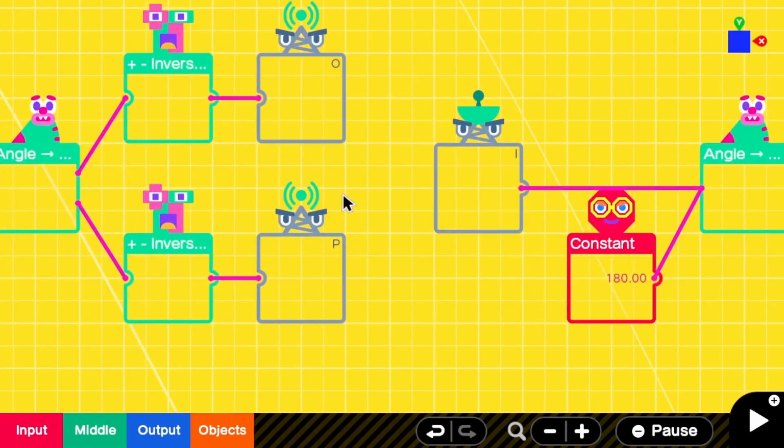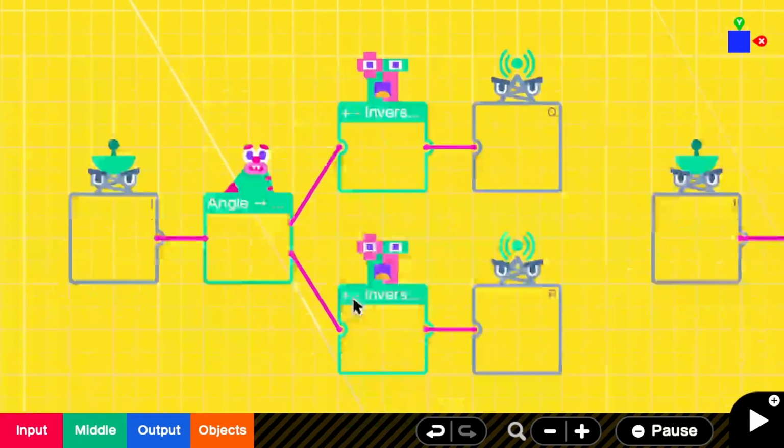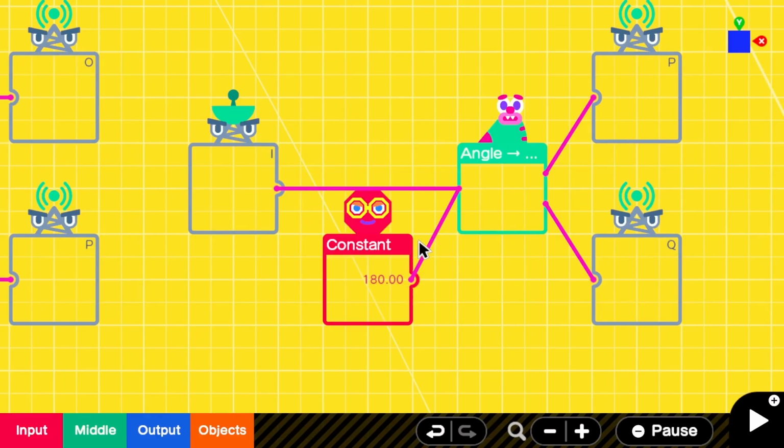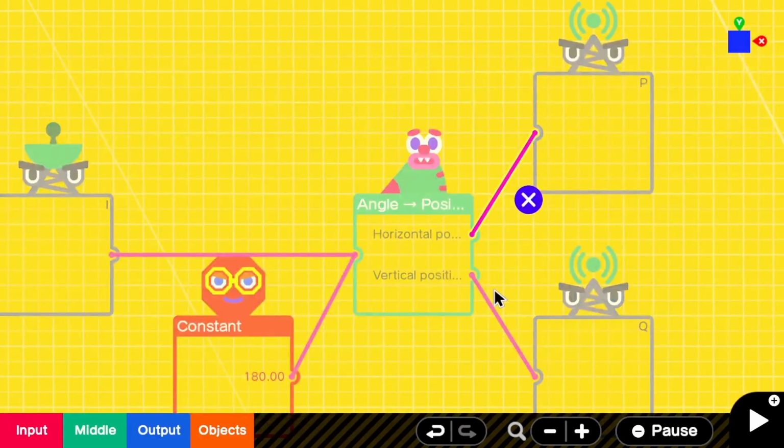So instead of using an extra inversion nodon or two inversion nodons to get these outputs, we can just simply add this constant here, which is pretty easy to shave later, to reach the same result.